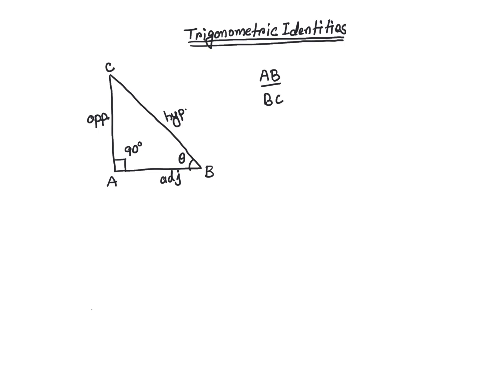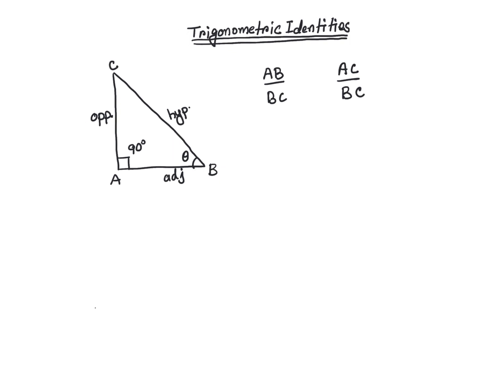And then I'm going to take AC over, let's say, BC. And then I'm going to take the ratio of the sides opposite over adjacent, or AC over AB. So these are the three ratios.